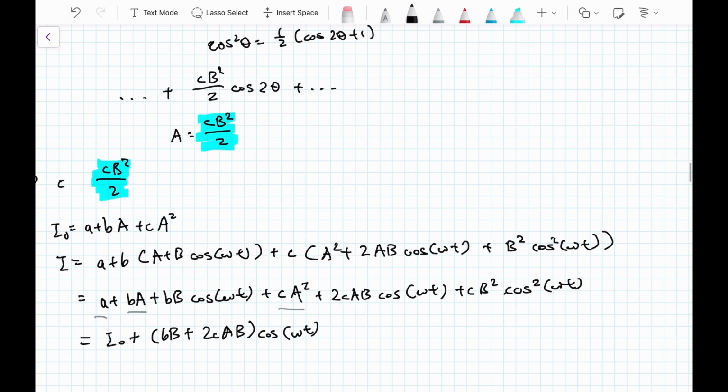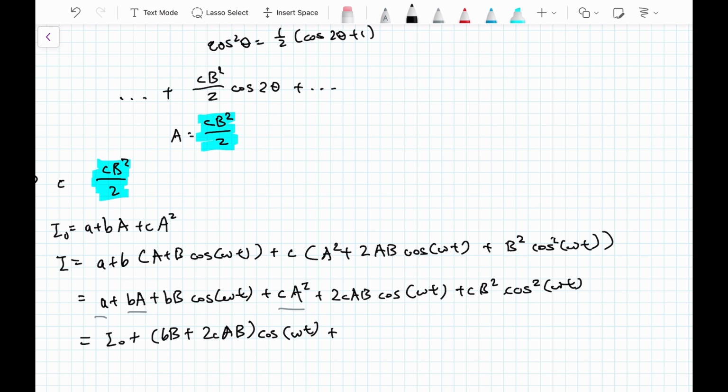Okay, and then one extra thing that we need to do is convert cosine squared omega t into cosine 2 omega t. So that will be a half of cosine 2 omega t plus 1.